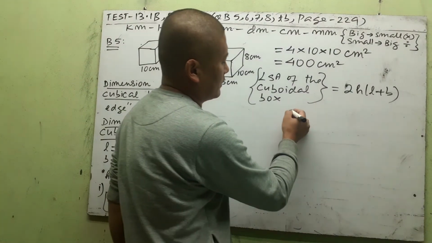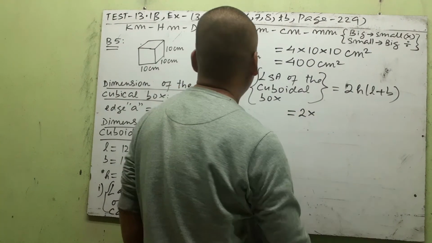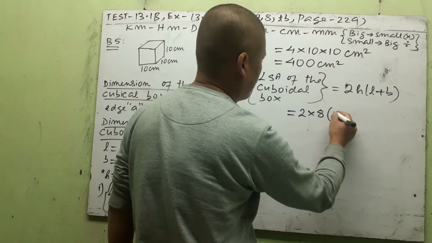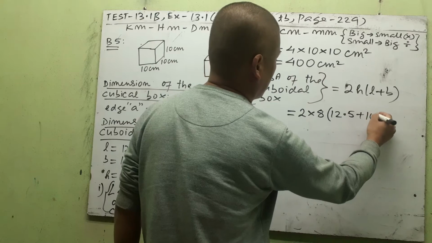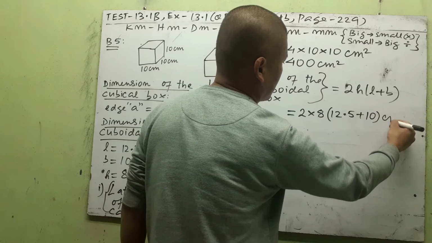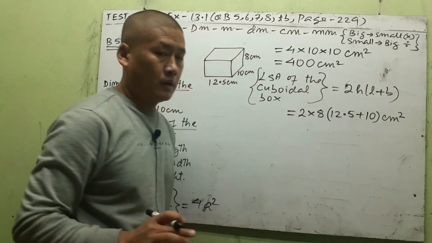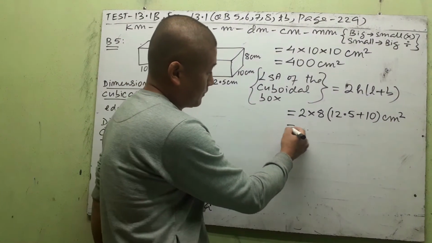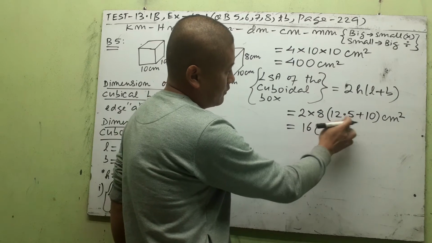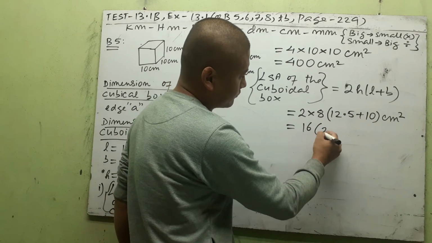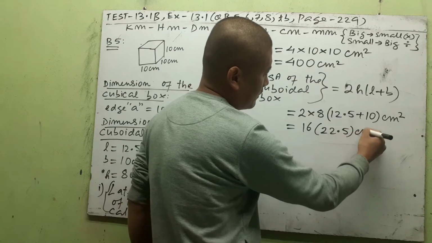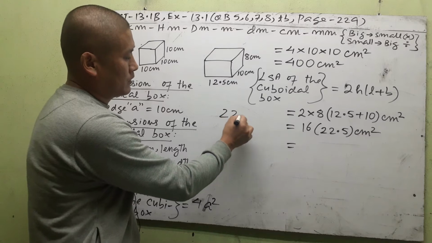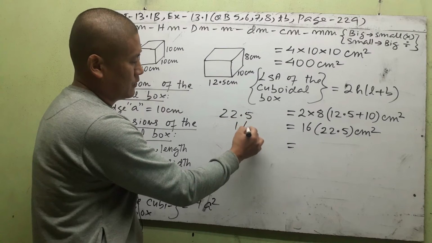In the first chapter we learned this, so this is twice h, here 8 centimeter, l is 12.5 plus b is 10. And instead of putting centimeter here and there, we just put centimeter square once, because area means two-dimensional. So this is 2 8s are 16, 12.5 plus 10 is 22.5.